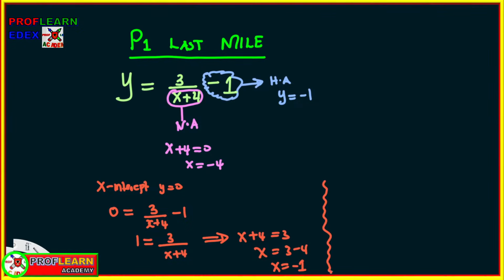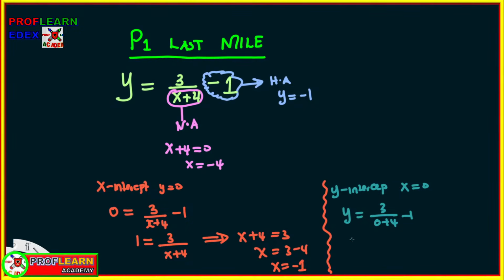What about the y-intercept? At the y-intercept, we know x is equals to 0. So meaning that this equation will be y is equals to 3 over 0 plus 4 minus 1.